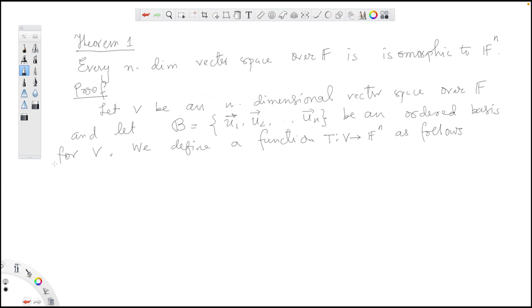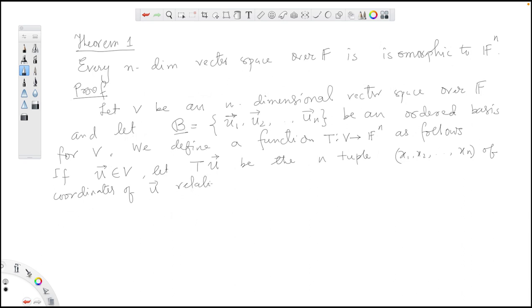If u is any vector from this vector space V, let Tu be the n-tuple x1, x2 all the way up to xn, the n-tuple of coordinates of u relative to the ordered basis B.